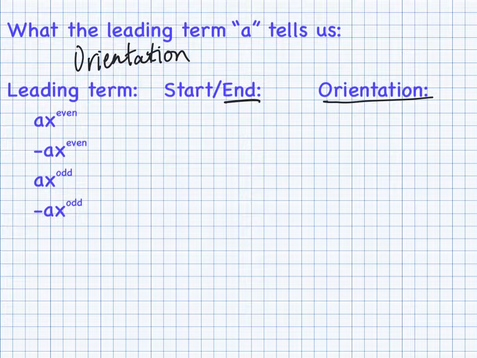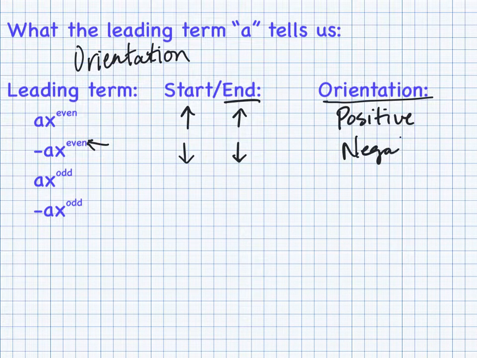If A is negative, the end direction is down. So if I'm even, they are both pointing in the same direction, and that is a positive orientation if A is positive. If A is negative, that flips. They both go down, and if I still have the even degree, the orientation is negative.